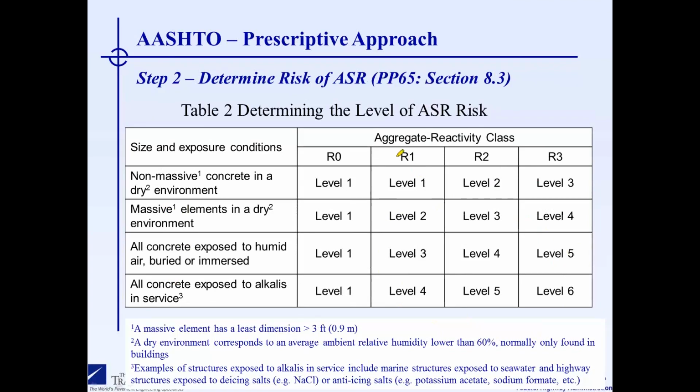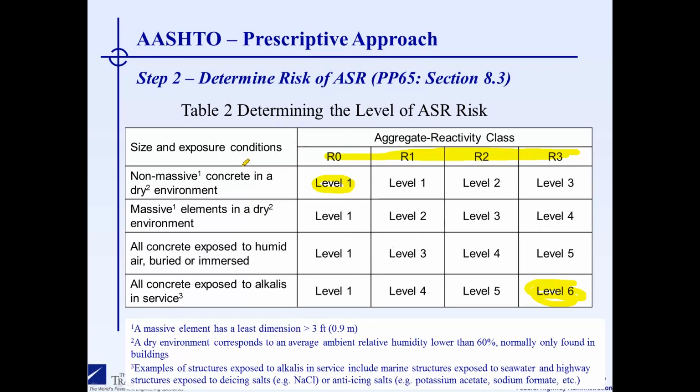In Table 2, the second step, we're going to determine the level of risk of ASR. And the level of risk of ASR ranges from level 1, which is no risk, to level 6, which is the highest level of risk. And the level of risk depends on our aggregate reactivity that we've already determined. And you can see we proceed from non-reactive to highest, going from left to right.